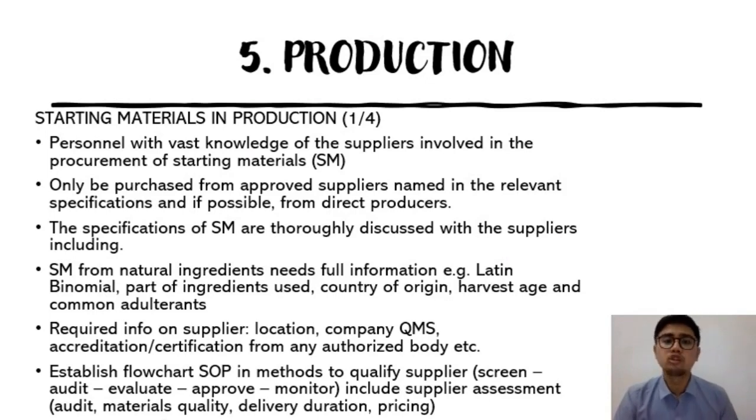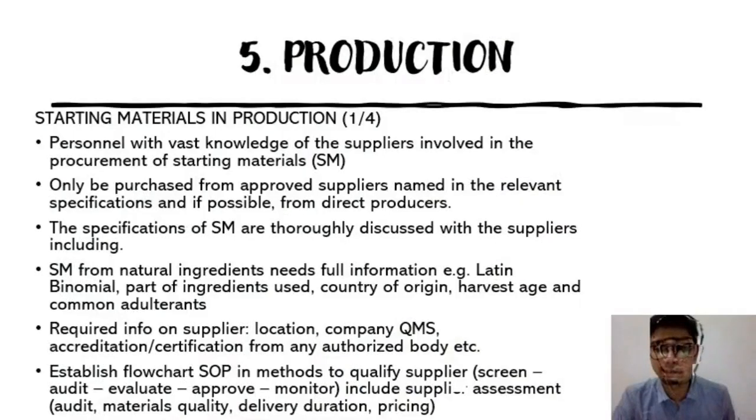To make sure that the mentioned requirements of the supplier are achieved, an established method in the assessment of the supplier should be available with a complete SOP that involves screening of the supplier, auditing them, evaluating, approving, and then monitoring at appropriate intervals.